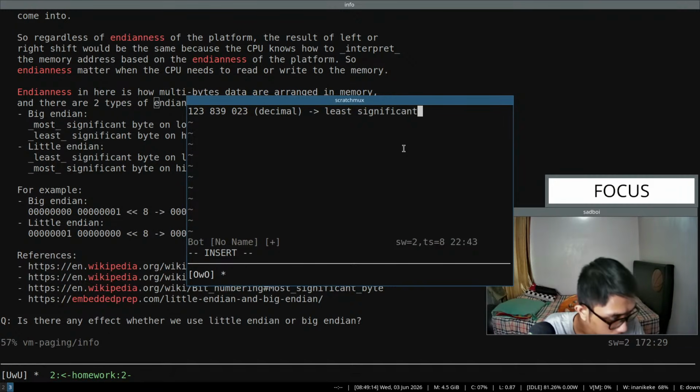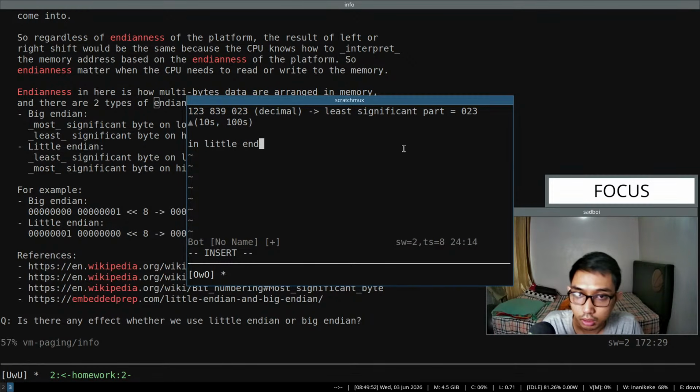The least significant part, 23, because it represents the units, tens, and okay, 100.